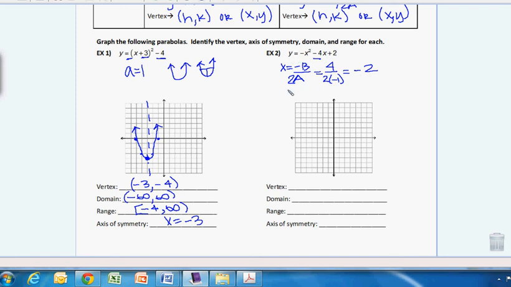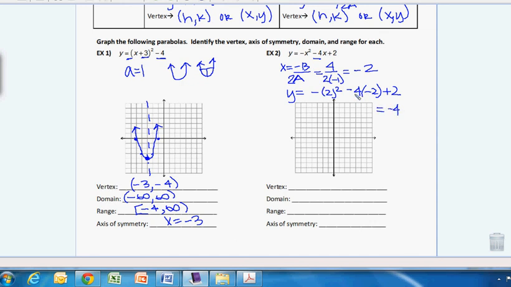Once I have my x, I got to plug that in and substitute to figure out what my y is. So I'm going to have y equals negative, and then we have our 2 squared, -4 times -2 plus 2. So I have my negative, and that's going to stay on the outside. I'm going to look at 2, square it, which is 4. So that's going to be a -4.